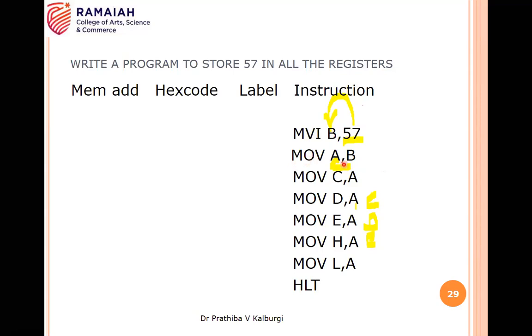Then move A comma B means you are going to transfer from B to A. Similarly, move C comma A means from A to C. So you have used all the registers here, till L. Then you need to end the program. HLT is your instruction, which specifies the end of your program. That is how you are going to use your instructions.